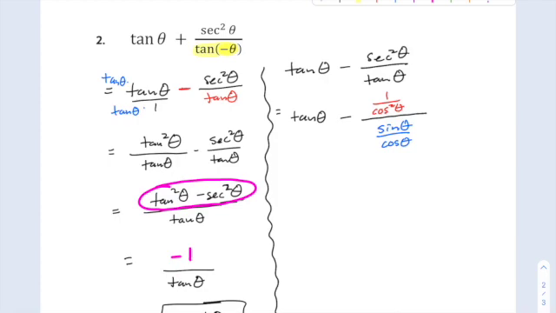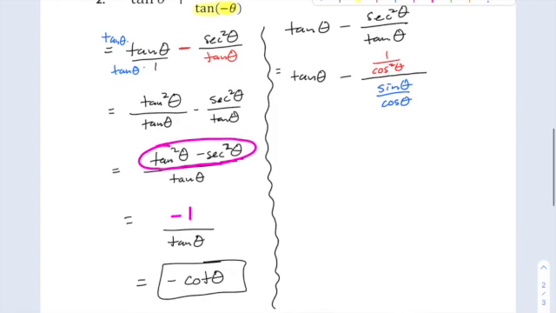Now, can I simplify that big fraction? That would be the numerator, 1 over cosine squared, multiplied by the reciprocal of the denominator, which would be cosine over sine. And that's going to allow a little bit of simplification.